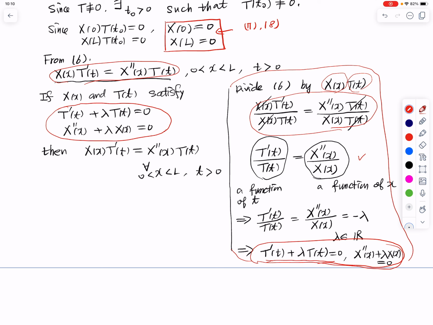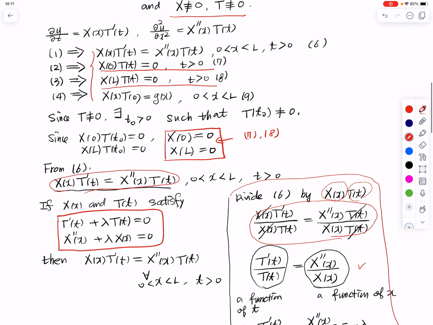So let me rewrite this one. Let me make a box here. So this equation, from where?